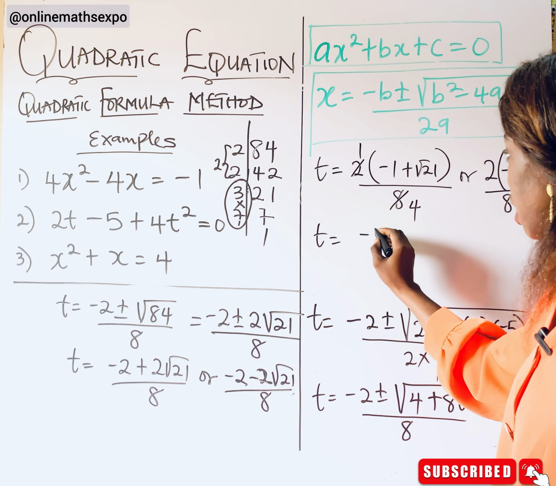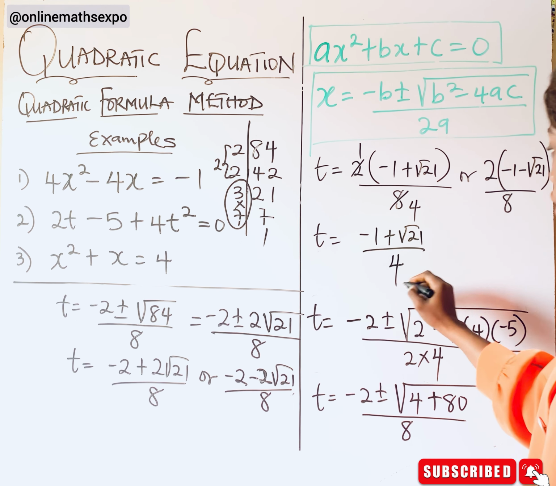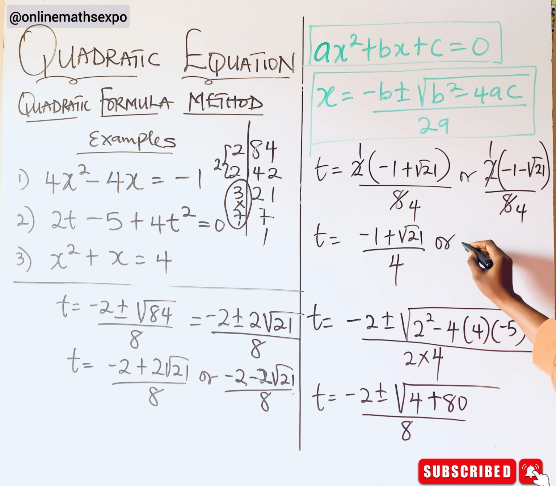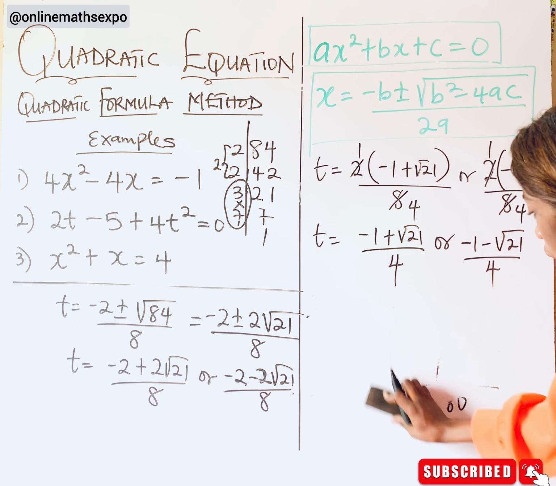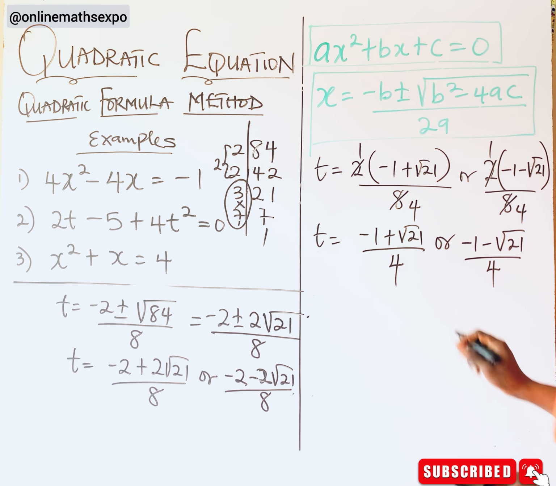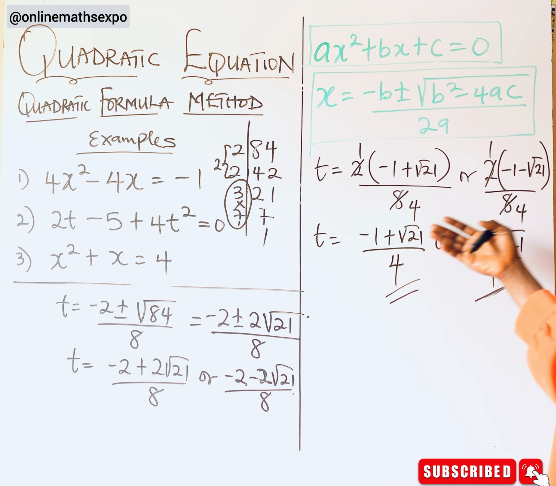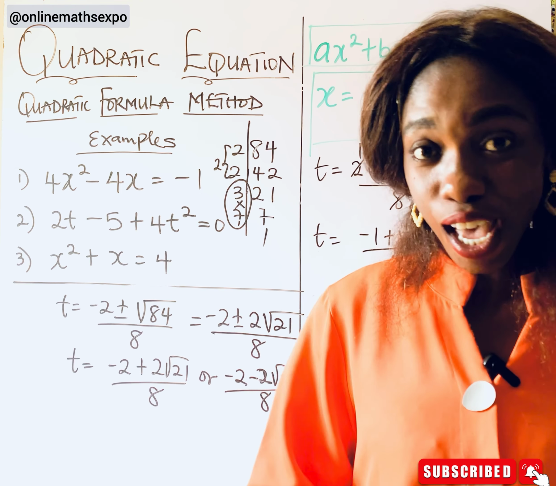So we're having negative 1 plus root 21 all over 4, or negative 1 minus root 21 all over 4. We cannot simplify further, so at this point we are going to leave our answer like this. Leaving it like this is leaving it in solved form. And you see we have two different answers, and this is a kind of equation that gives us distinct roots.